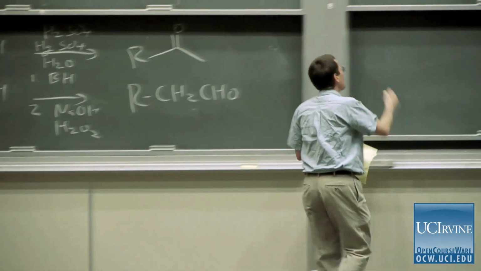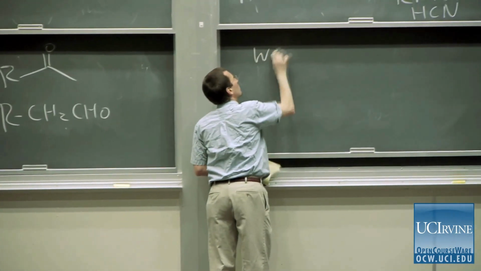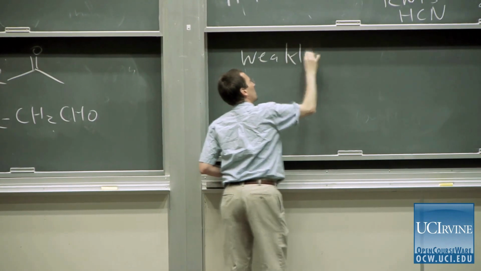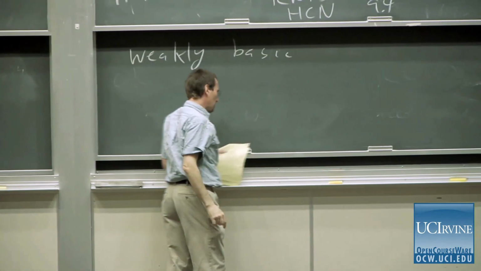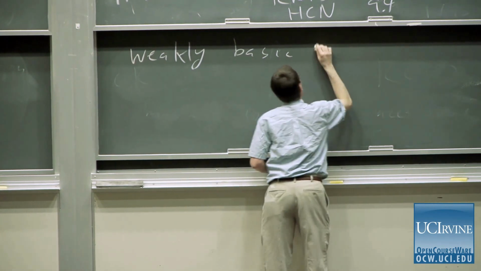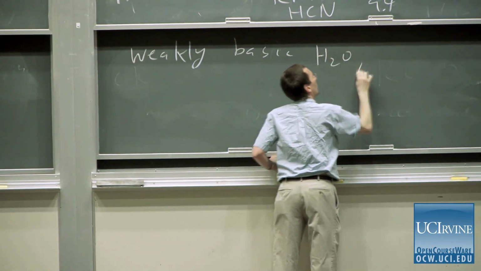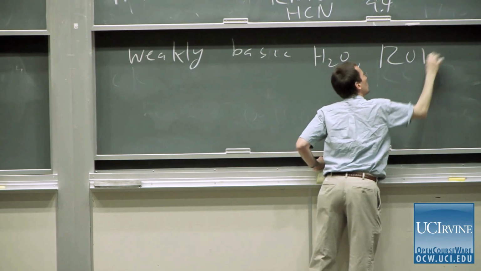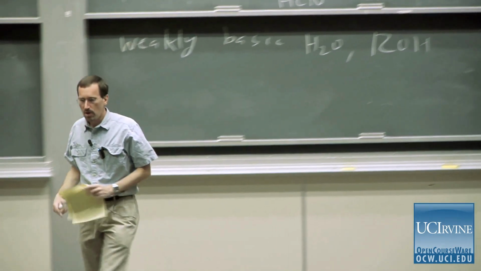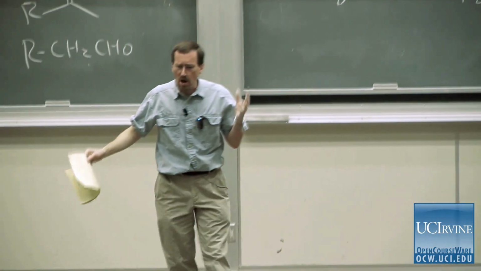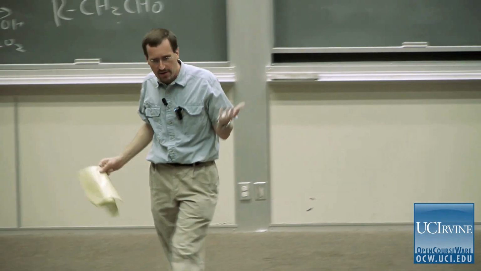Then, at the other end of the spectrum, we come to what I'll call weakly basic nucleophiles. By that point, we're talking about things like water and alcohols. It's very important to remember, water and alcohols are amphoteric compounds.